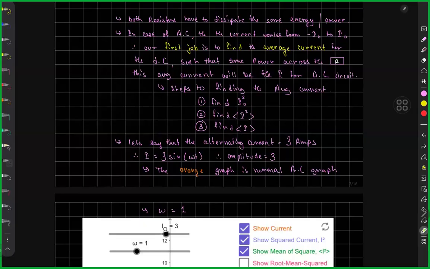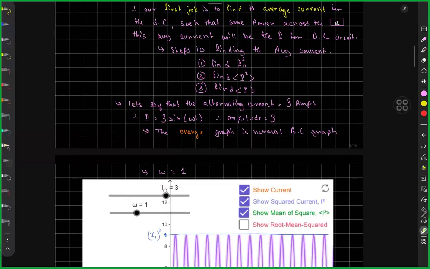Let's take a situation to understand this. Let's say we have an alternating current with 3 amps. That is to say, that's the max current. When they say that you have an AC supply of 3 amps, that's the I naught value. So I equals 3 times sine omega t, where the amplitude is 3. Good.